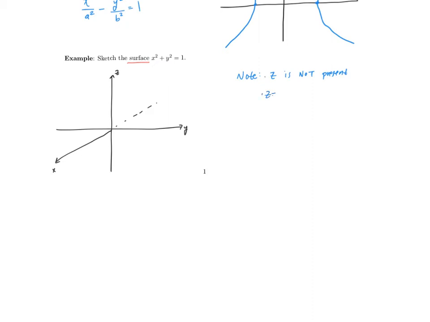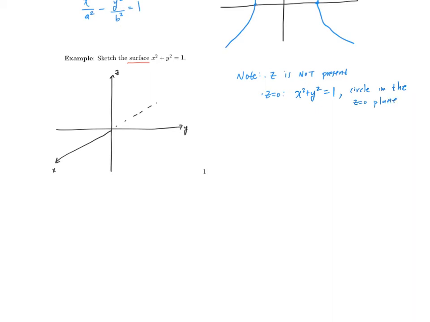Well, if z is equal to 0, i.e. we're sitting flat in this xy plane, then our surface would intersect that plane in the curve x squared plus y squared equals 1. So this would be a circle in the z equals 0 plane.